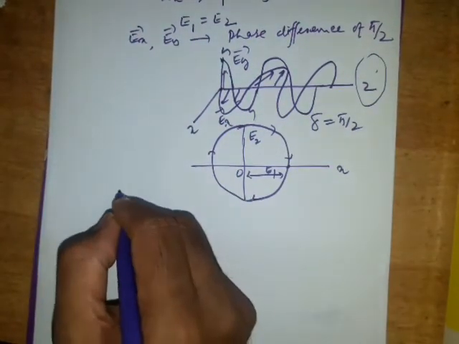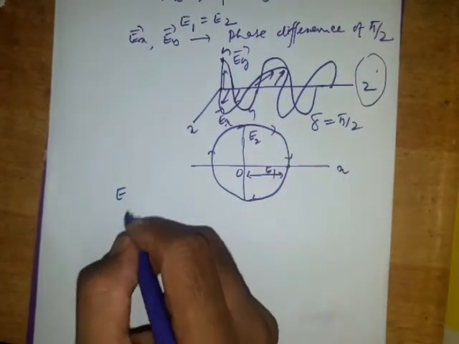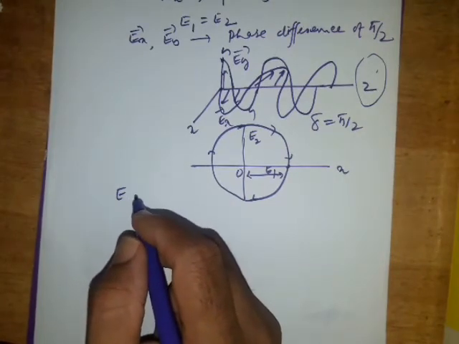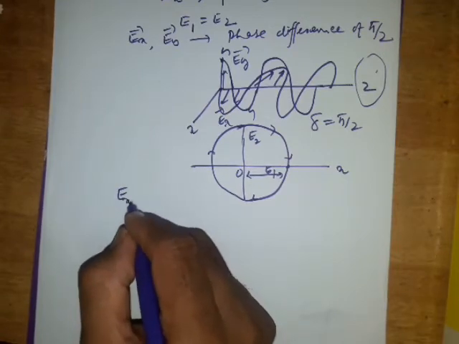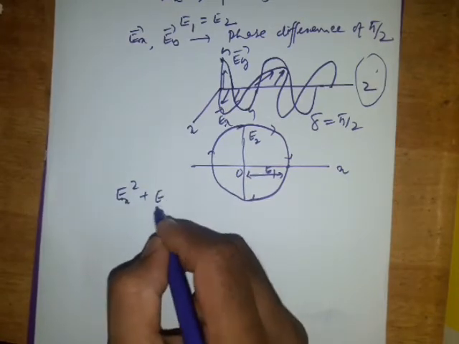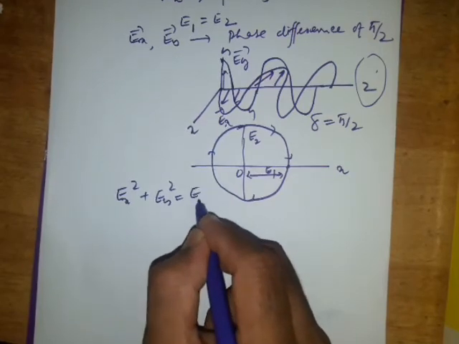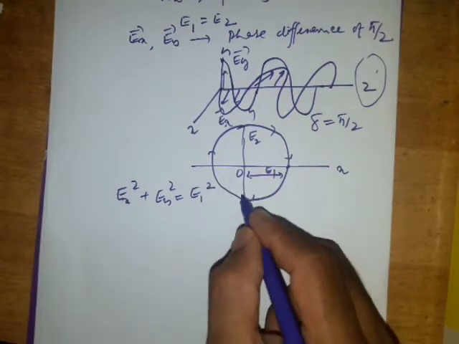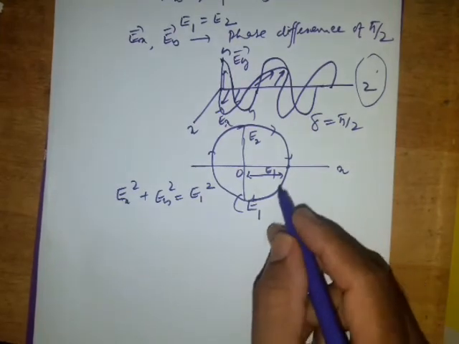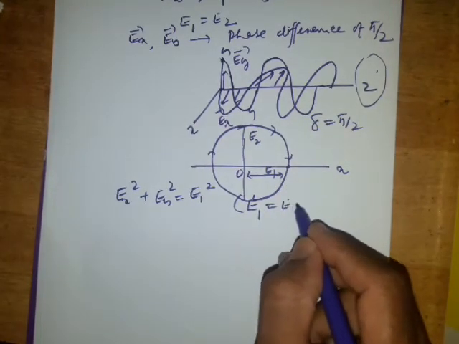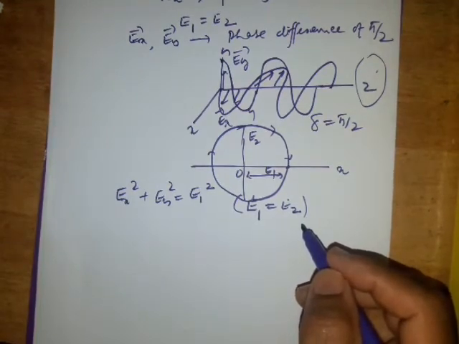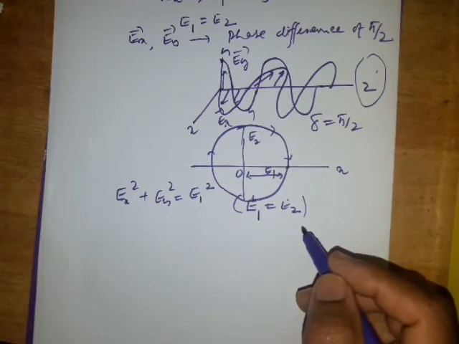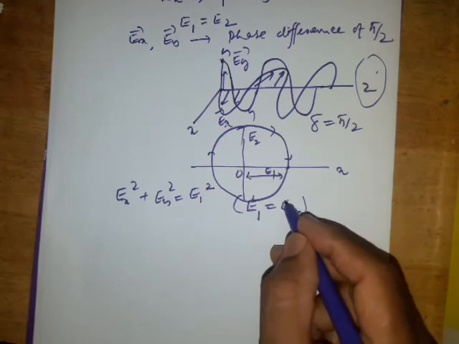And if you write the equation for this, I can write Ex squared plus Ey squared is equal to E1 squared, and the amplitudes of the two waves, E1 and E2, are the same, they are equal.